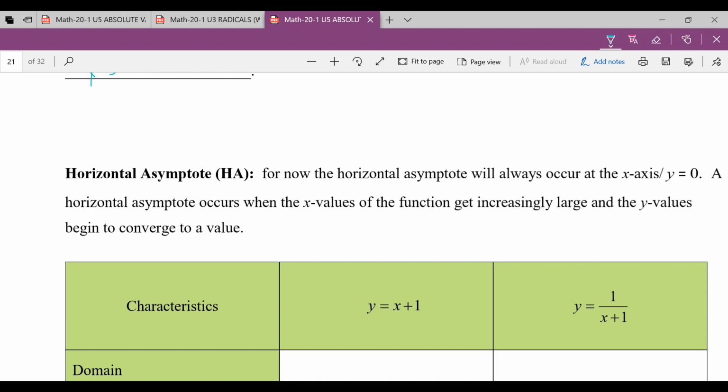Horizontal asymptotes, horizontal asymptotes. And now this is only going to apply for the work we're doing in 20-1 because next year things get a little bit complicated. But a horizontal asymptote occurs when the x values of the function get increasingly large and the y values begin to converge to a value.